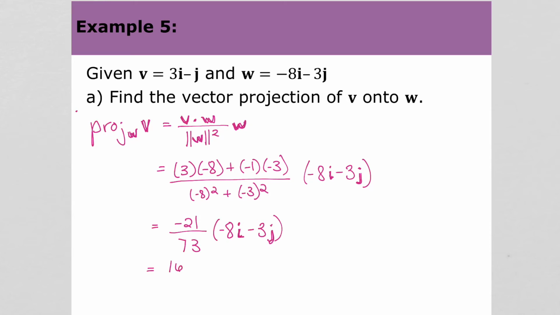It's 168 over 73I plus 63 over 73J. And so the vector projection of V onto W is this vector right here.